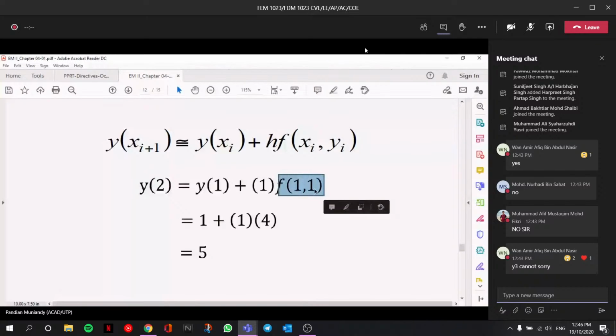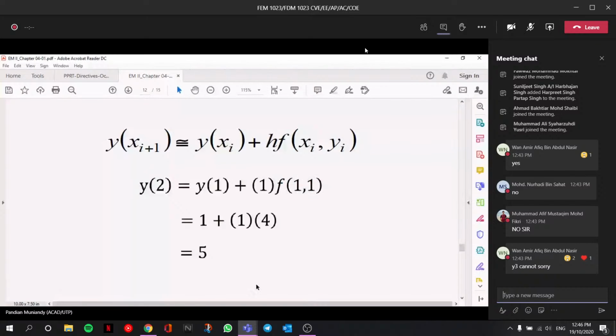So f(2,5) is equivalent to 4x squared. You must calculate 4x squared. 4 multiplied by x is 2, 2 squared. So 2 squared is 4. 4 multiplied by 4, 16. 16 plus 5 is 21.